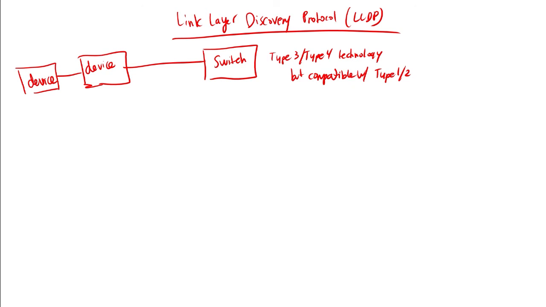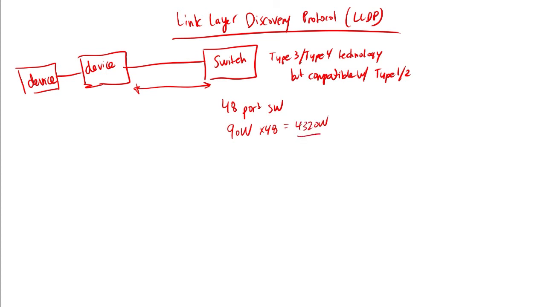So a negotiation is important because, say, we have a 48 port switch. That means at 90 watts times 48, that's 4,320 watts.